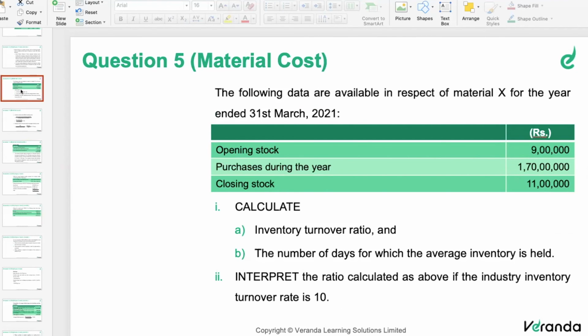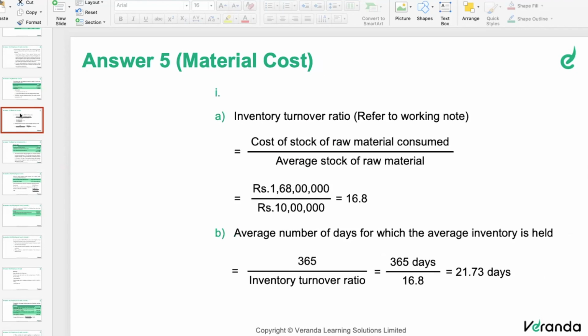Inventory turnover ratio and its impact. What is the formula for inventory turnover ratio? Cost of raw materials consumed divided by average stock of raw materials. Listen here: cost of raw material consumed divided by average stock of raw material. How to identify the average stock?